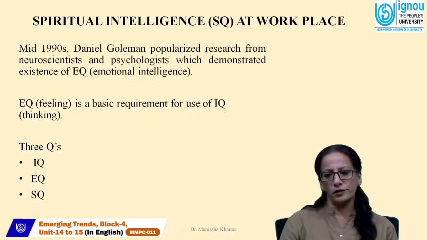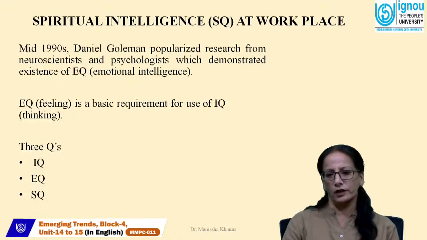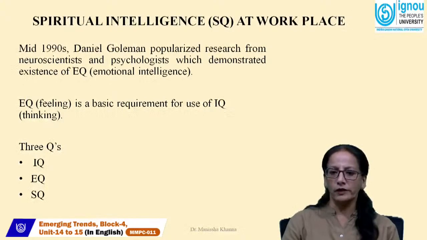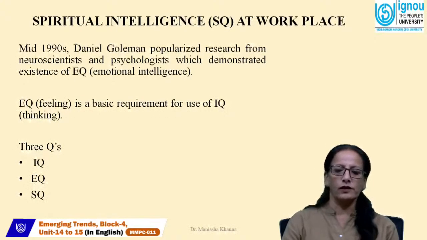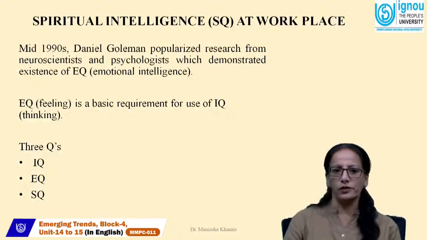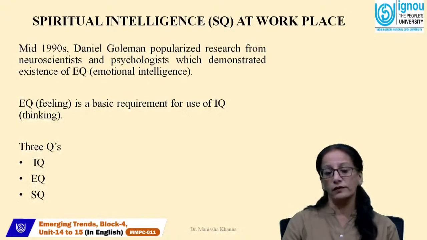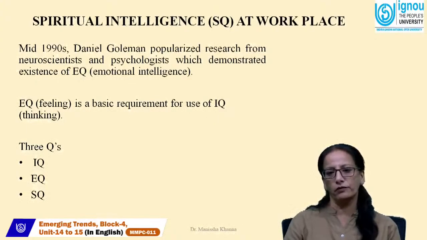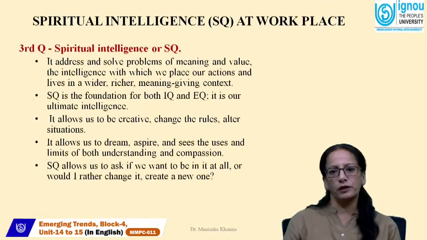Every thought process, we are human beings, we go through a lot of emotions every day in our life, but how to manage and control those emotions, how to really self-regulate or be self-aware of them, is called emotional intelligence. So there are basically 3 Qs, that is IQ, EQ, and the third one, which is very, very important and very aligned with the EQ as well, is SQ, that is spiritual intelligence.